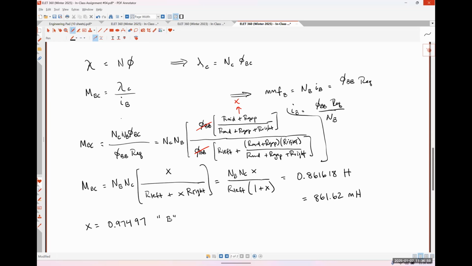We are going to develop what's called a practical transformer model that takes into account all of the various loss mechanisms. Our transformers will have real wires, which means that we will see ohmic losses. Our transformers will have opportunities for flux to leak, so we will have some inductances that take into account flux leakage.